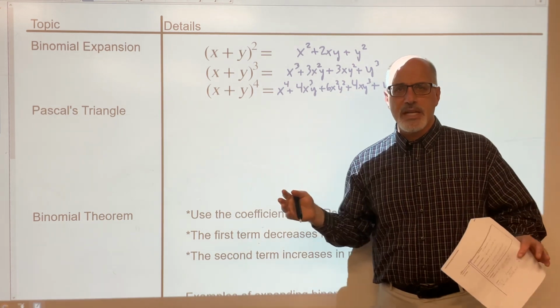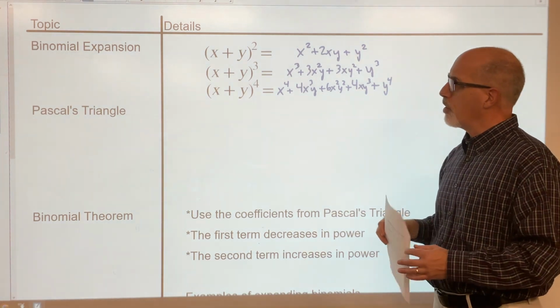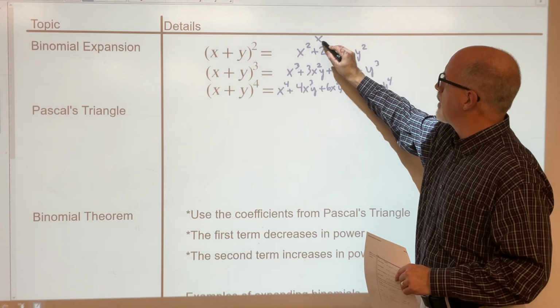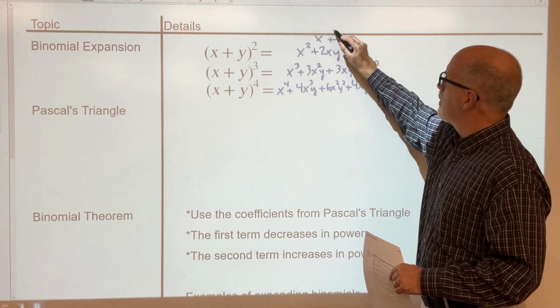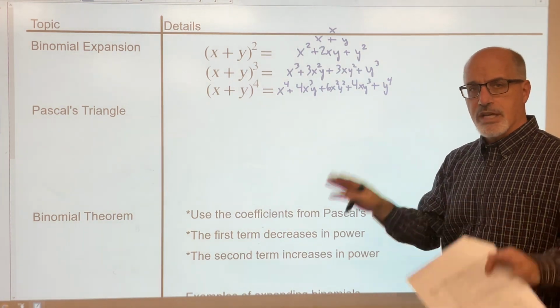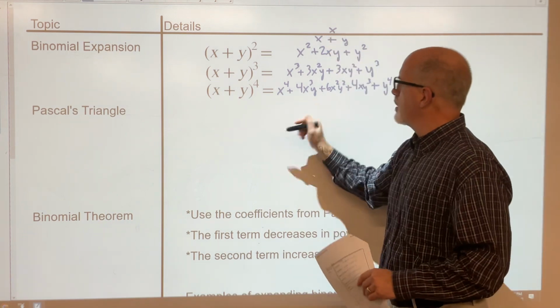Those expansions help us see a pattern developing, and that pattern is what's called Pascal's triangle, especially if you think of this as having x plus y above it, and then maybe just an x up here. Looking at just the coefficients, forget about the variables. Notice that the coefficient here is a 1.